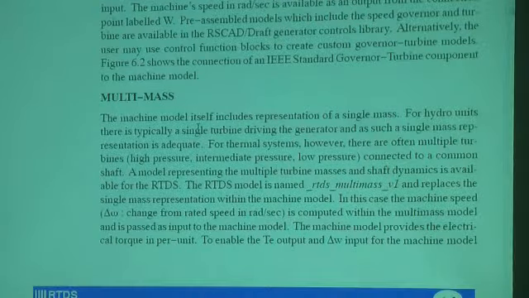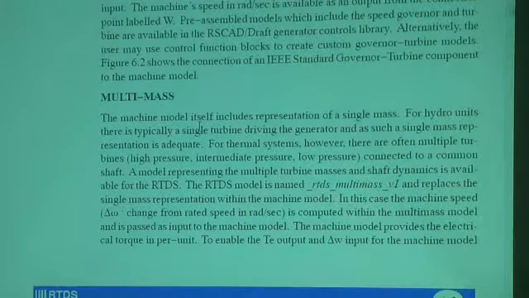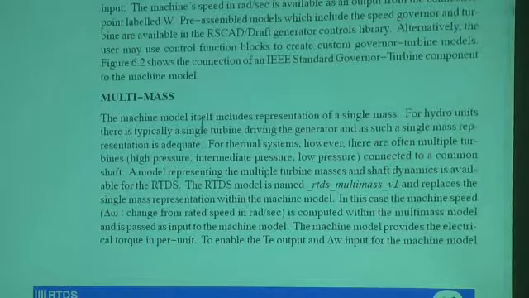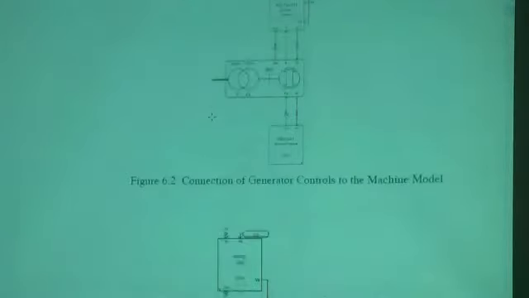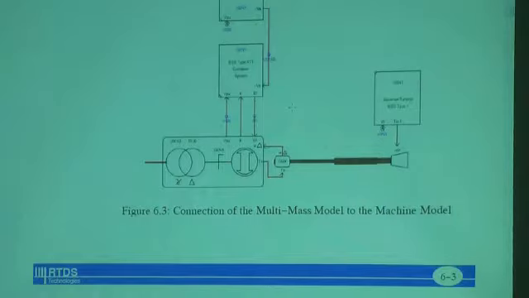So typically a hydro system is one mass, but you could use the multi-mass model to provide all of the different dynamics that you would see inside a steam turbine. And this is what it would look like.